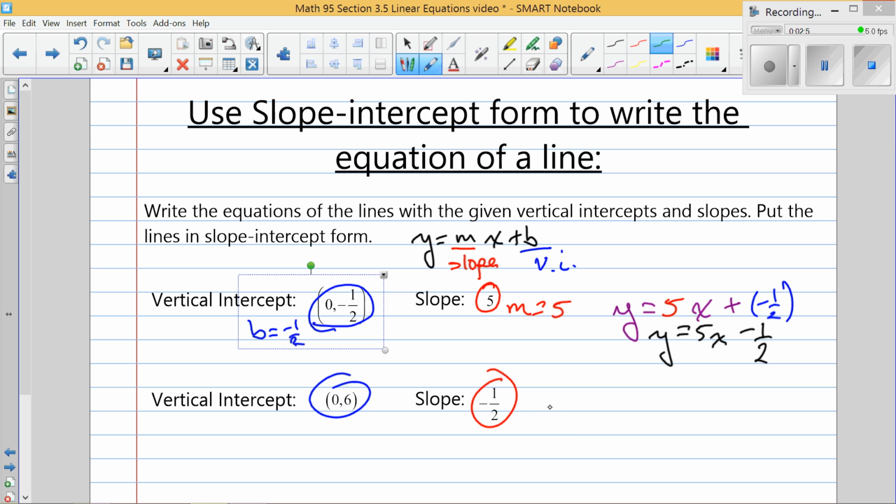So when I see these two pieces, I know immediately my equation is going to look like y equals negative 1/2 x plus 6. On a test, if you were supplied with this information, this is all of the work that you would need to show. I don't need to see all of these other little bits.